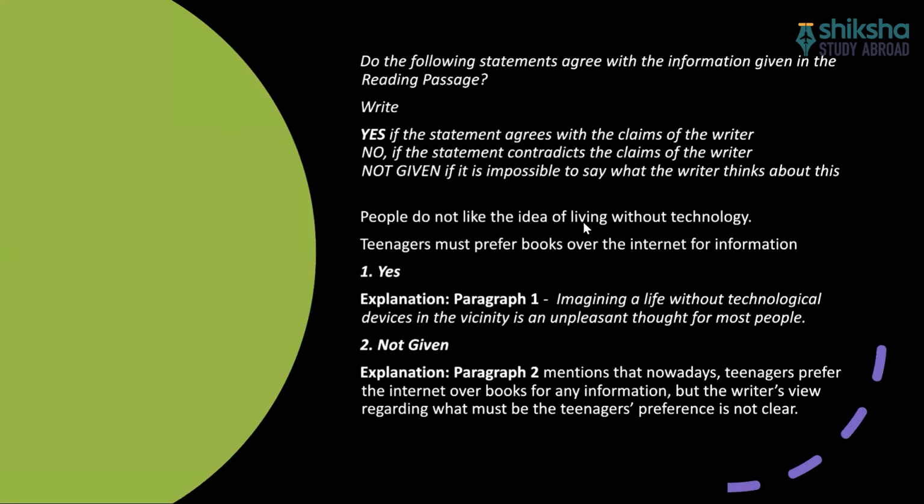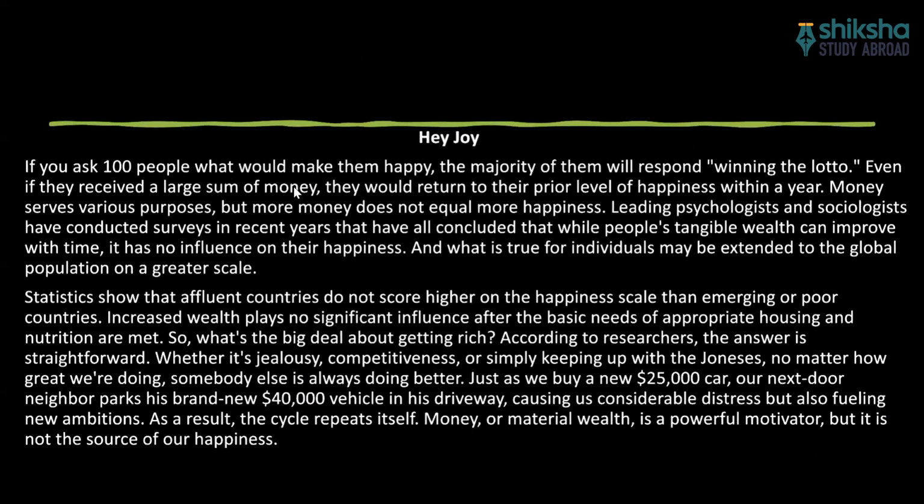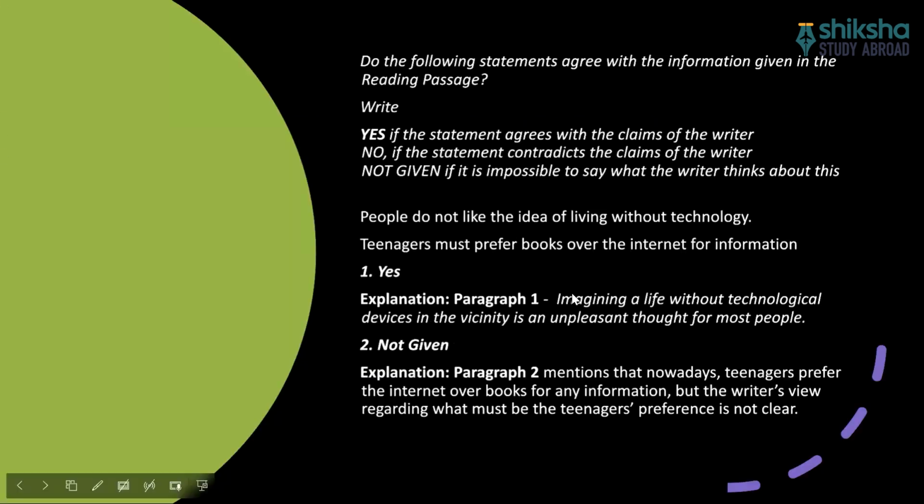People do not like the idea of living without technology. This is the first question, and the answer to this question is yes. Let's see what is the explanation. So we have found this answer in paragraph 1, which is this paragraph. Okay, first paragraph. Let's see what is the explanation. Imagining a life without technology devices in the vicinity is an unpleasant thought for most people.